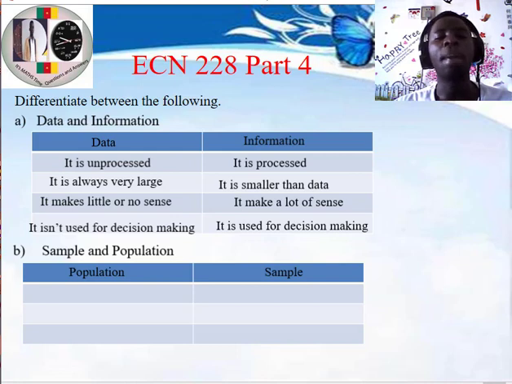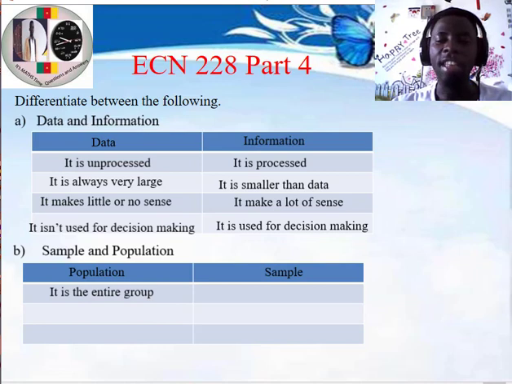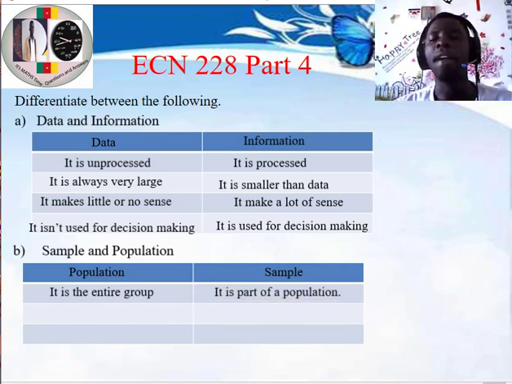If we are talking about the University of Boya, then the population will be all the students in the University of Boya, and the sample will be a particular portion of the students, like students offering ECN 228. So population is the entire group, the whole group, while a sample is a part of a population, like we have said in the case of the University of Boya.